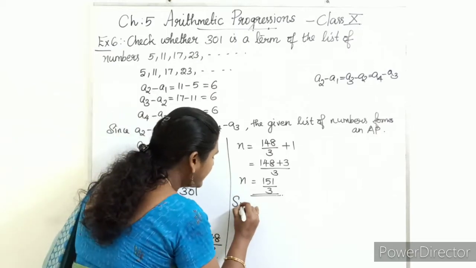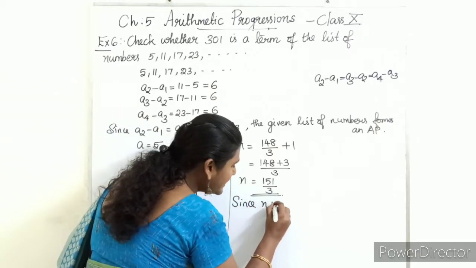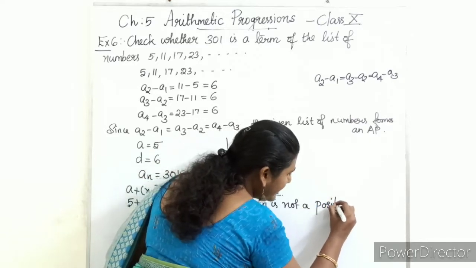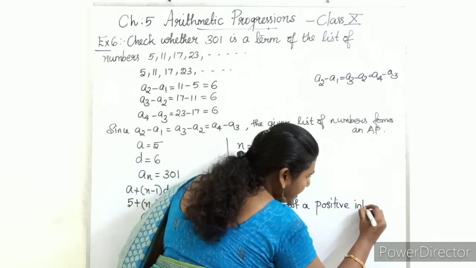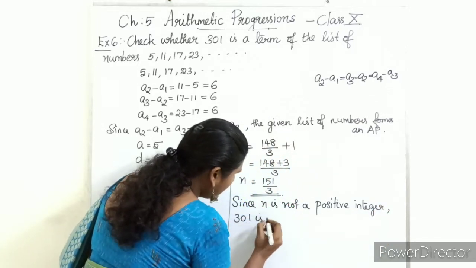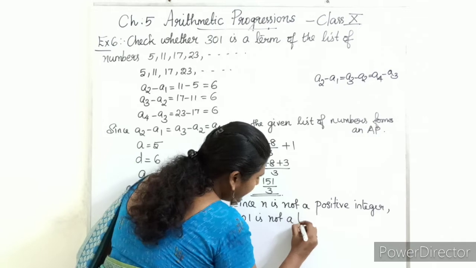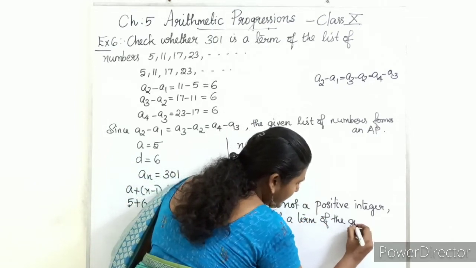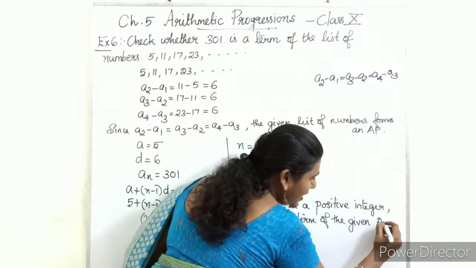Okay, so we can write the reason like this: since n is not a positive integer, 301 is not a term of the given AP. Okay, so this is how you have to do.